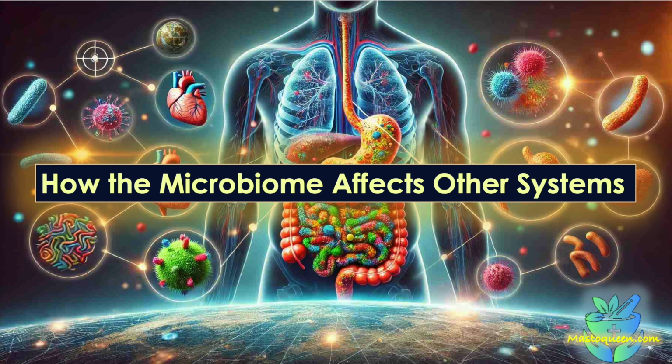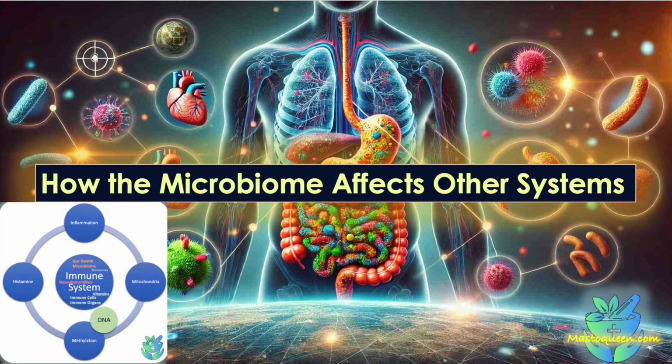So it would be a great disservice if I did not tell you how the microbiome affects every other system in your body, because it is a linchpin for the entire cycle of illness and how it works. On top of that, it will explain everything, and you will have so many aha moments, it will be ridiculous.